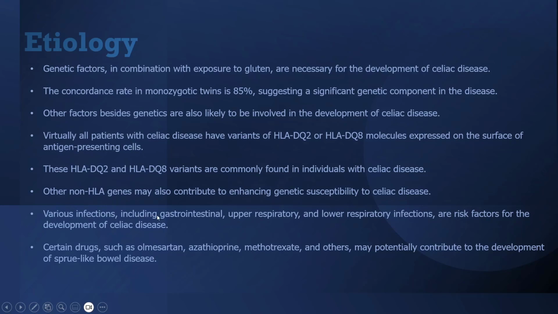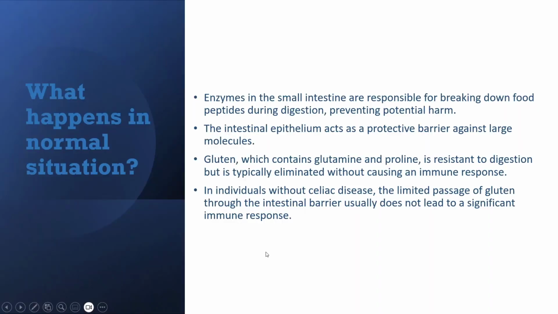Various infections like gastrointestinal, upper and lower respiratory infections are risk factors for the development of celiac disease. Also, certain drugs such as olmesartan, azathioprine, methotrexate, and many others may potentially contribute to the development of celiac disease.